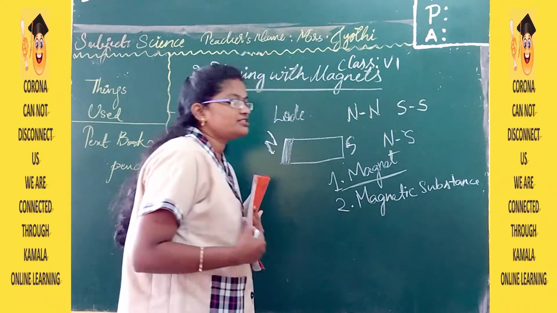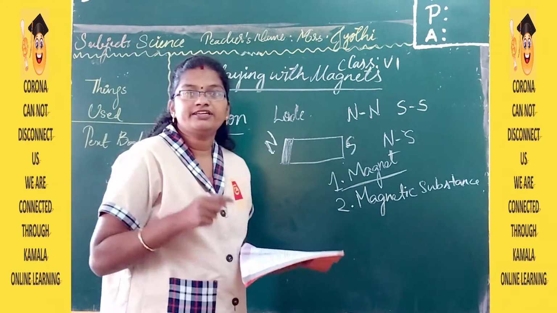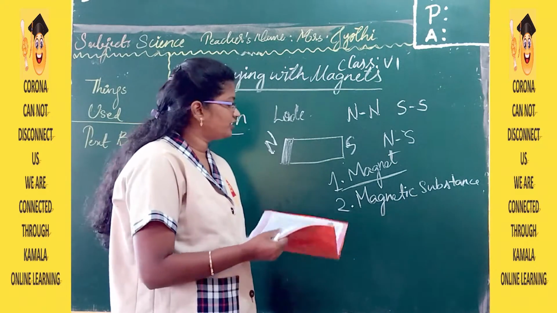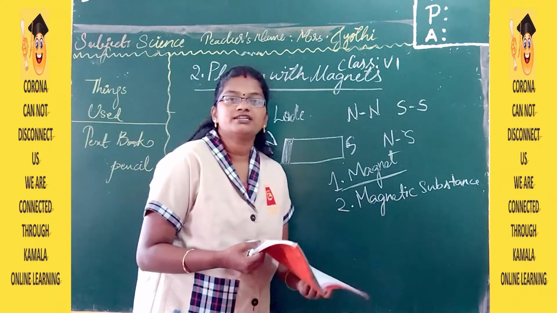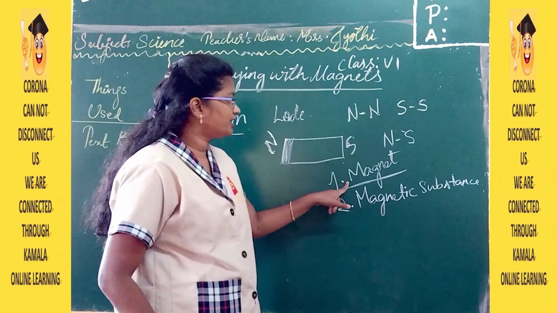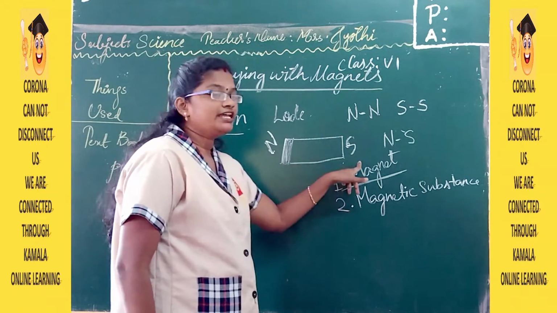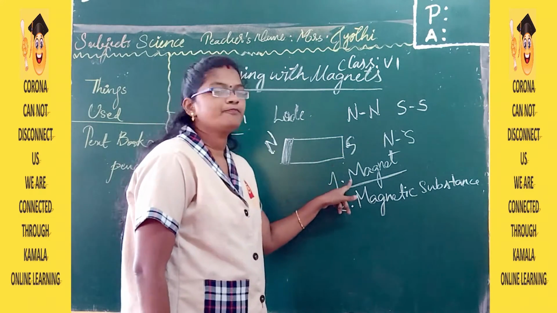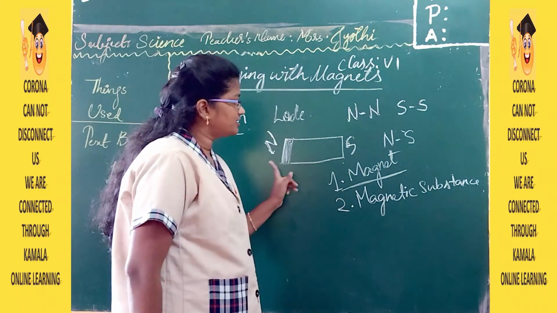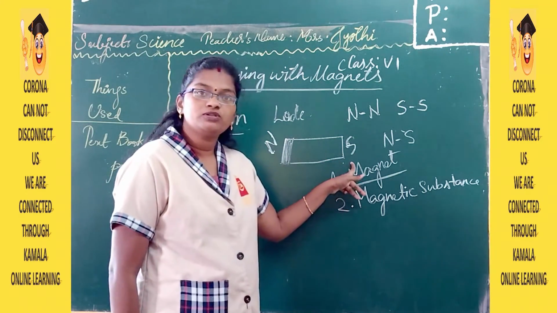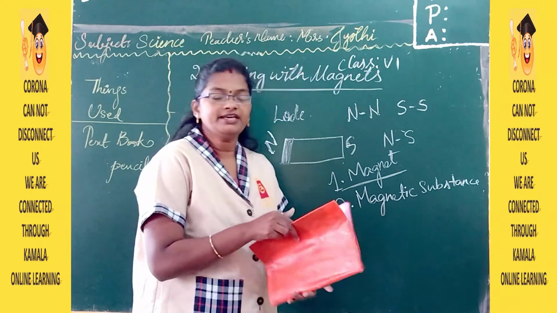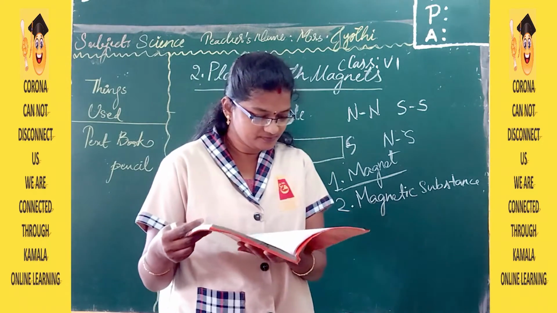Magnetic substances are iron filings, safety pins, all pins and so on. So in the first case, if it is attracted by one pole and repelled by the other, it is a magnet. In the second case, if it is attracted by both poles and not repelled, it is considered a magnetic substance.